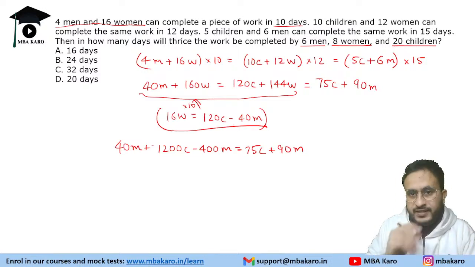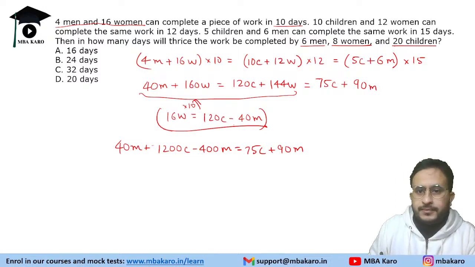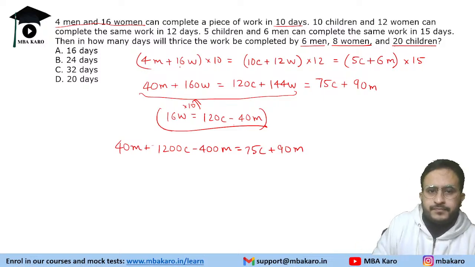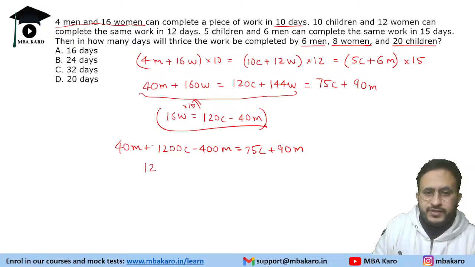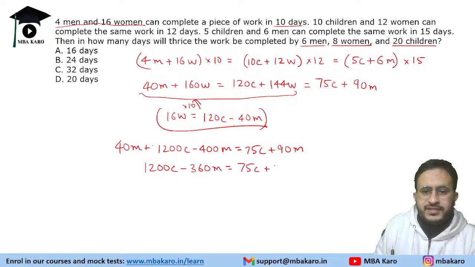So we will get 1200 children minus 360 men, that is equal to 75 children plus 90 men, or 1125 children is equal to 450 men, right?